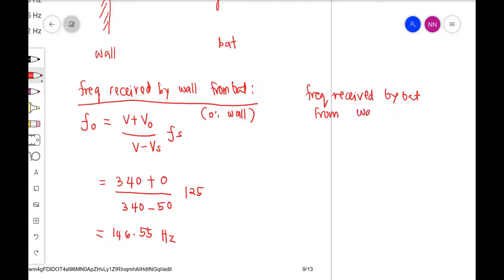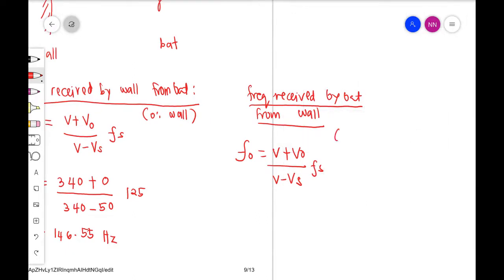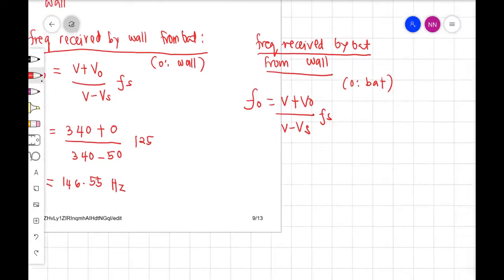Again, the bat is moving toward the wall, so you have to use the formula fO equals (V plus VO) over (V minus Vs) times fs. Now the observer is the bat.